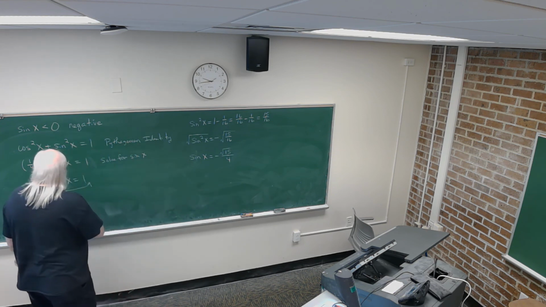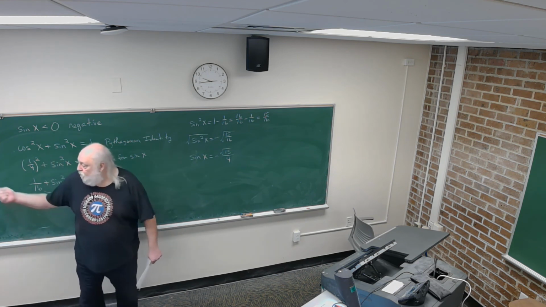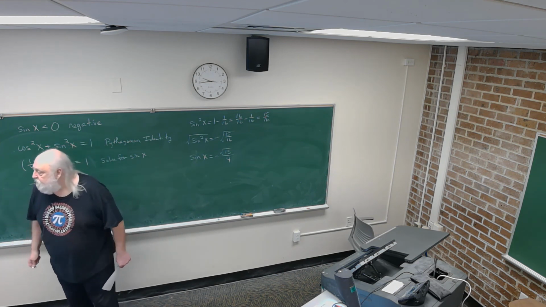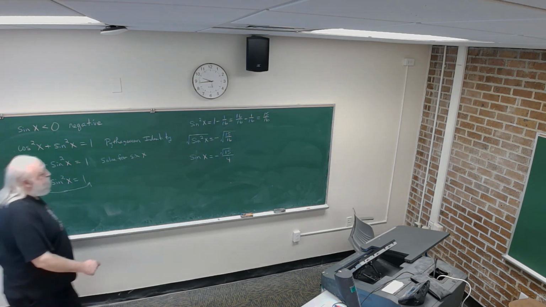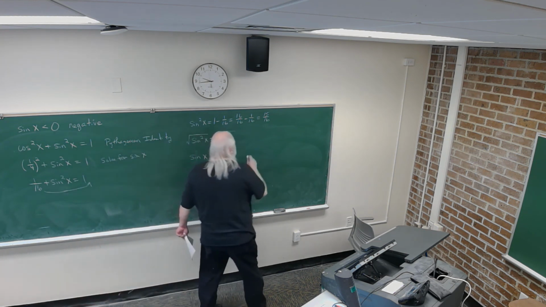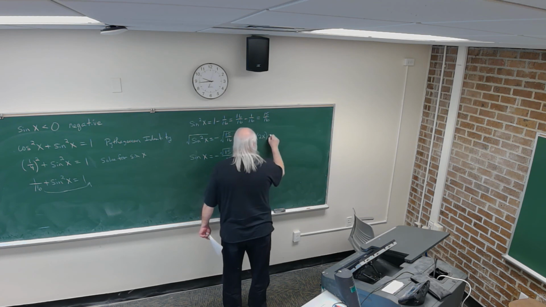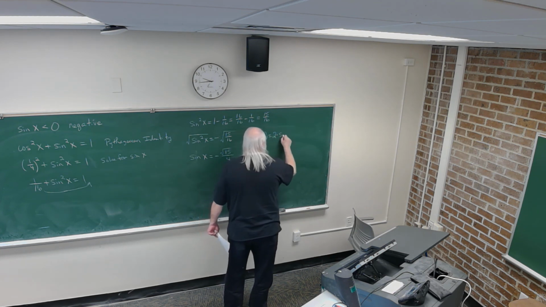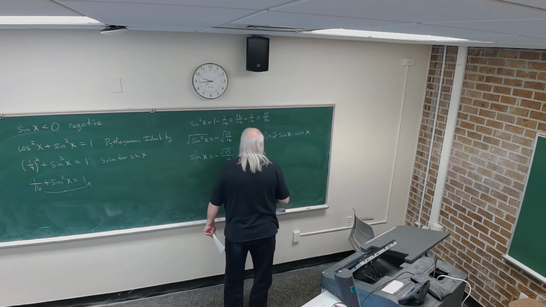And now we can calculate the sine of 2x, right? This is what we're after. The sine of 2x is 2 times the sine of x times the cosine of x.